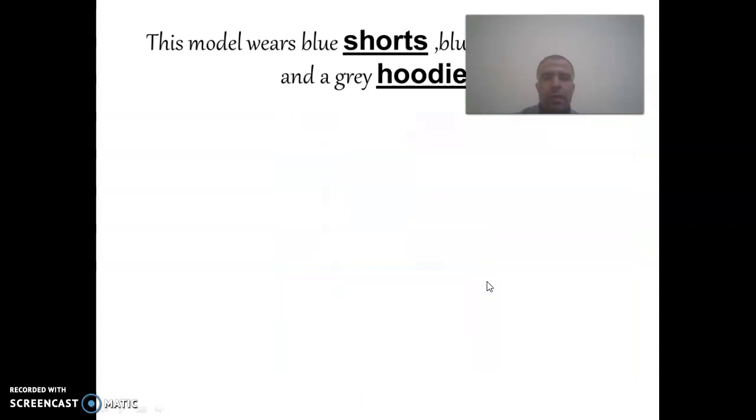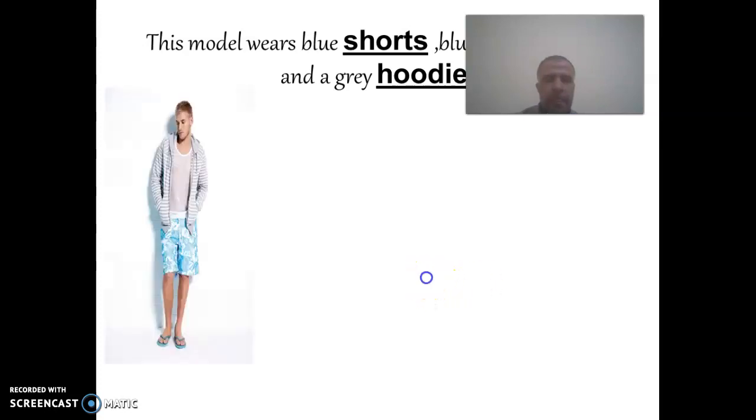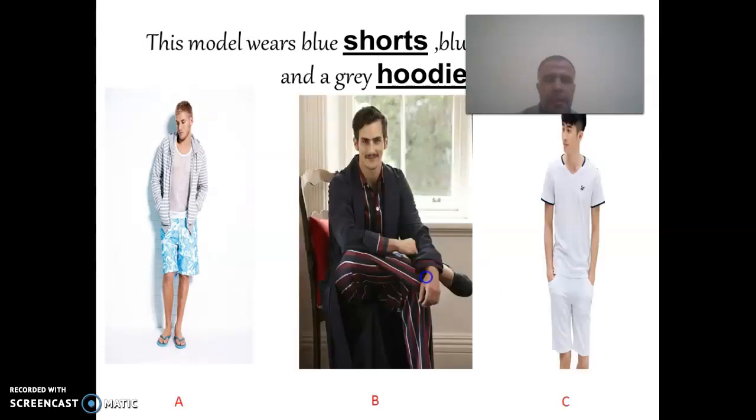The next one is this model wears blue shorts, blue flip-flops, and a gray hoodie. And here we have A, B, C. And the correct answer, of course, is because we have blue shorts, we have to think obviously about this guy right here. And what he wears on his foot is called flip-flops. And this is a hoodie. A, correct.